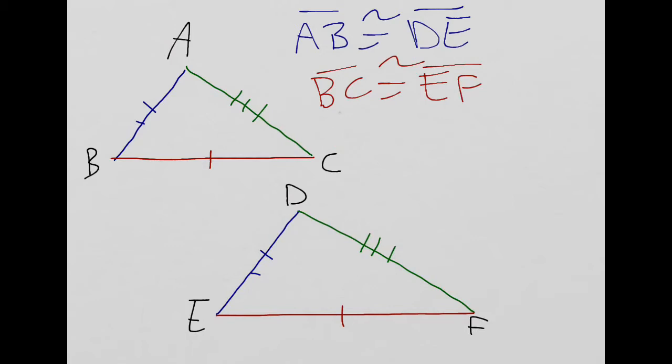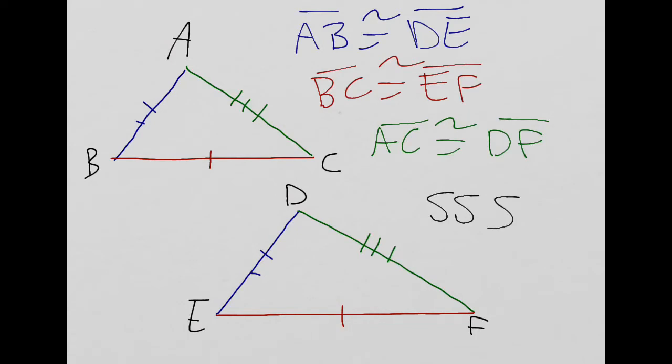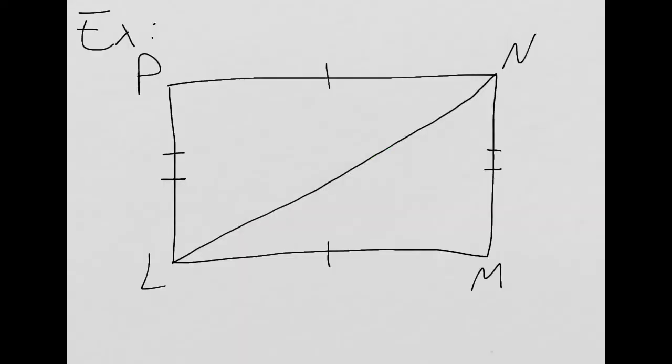And then I can conclude that AC is congruent to DF, again because of their markings. So, because I've shown that all three sides of my triangles are congruent, then my two triangles are congruent by side, side, side congruence.